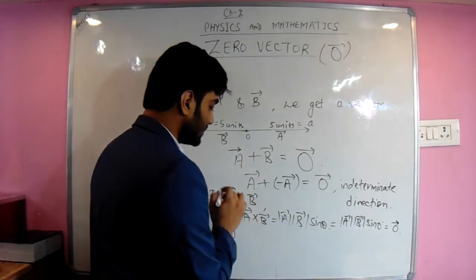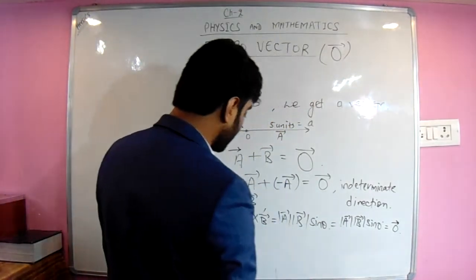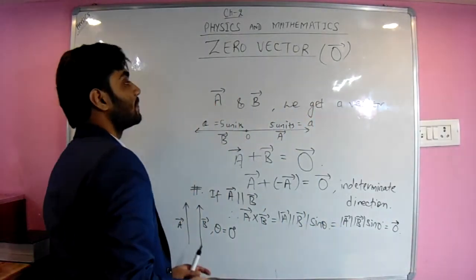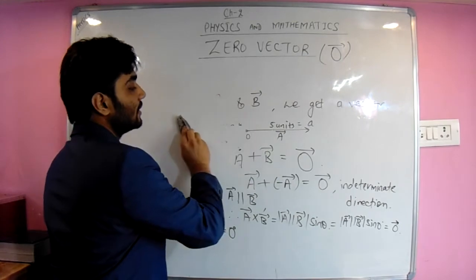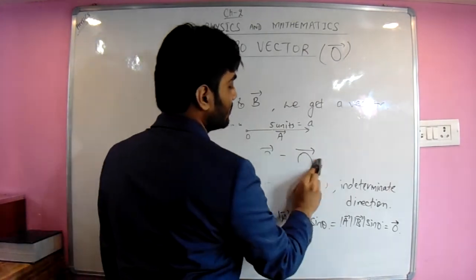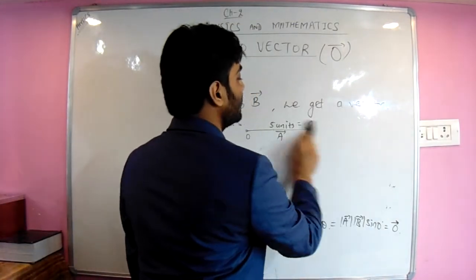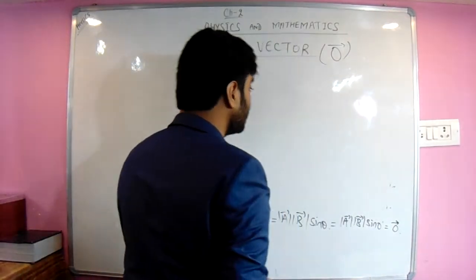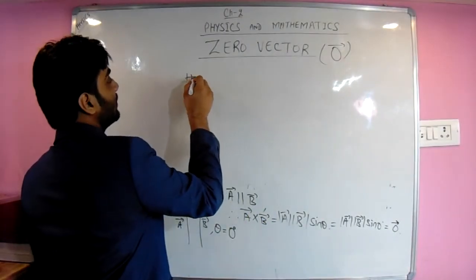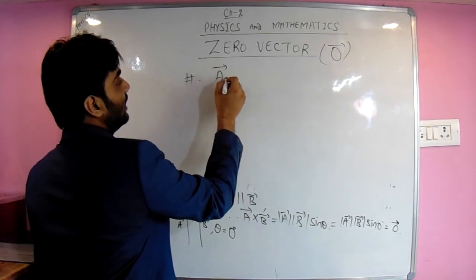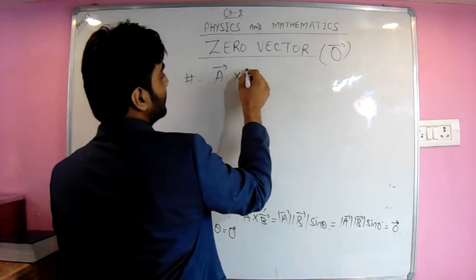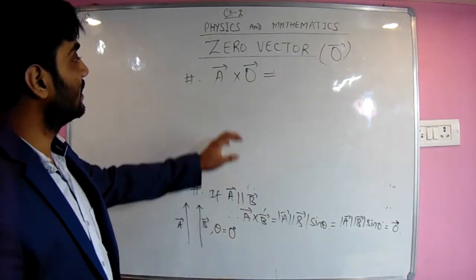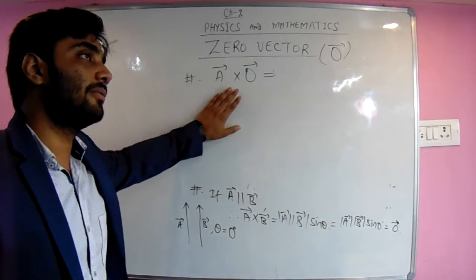So the next point, note this. Second point: A cross zero vector.